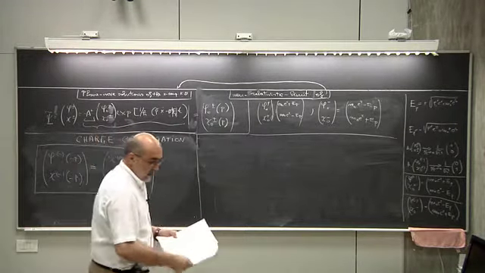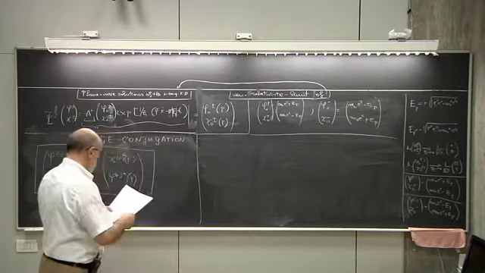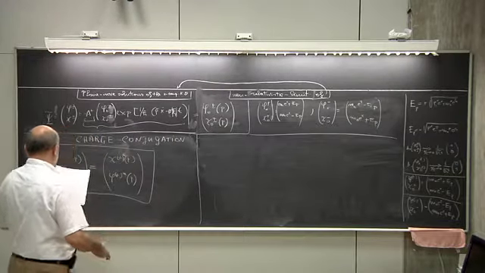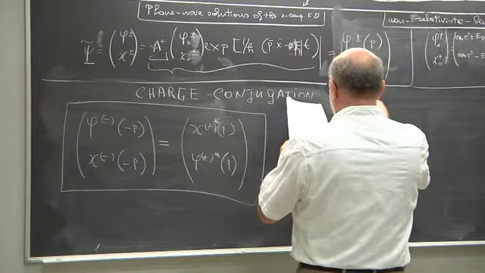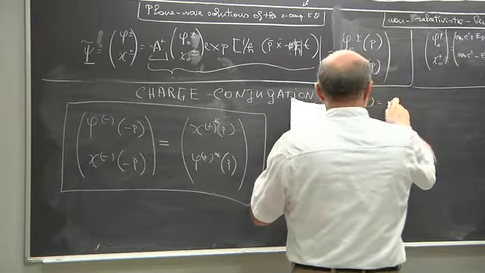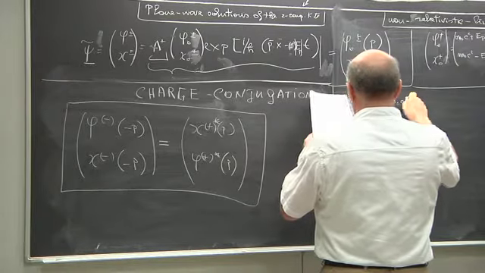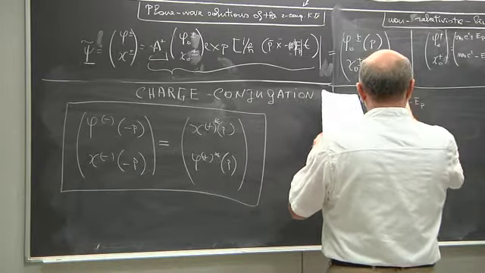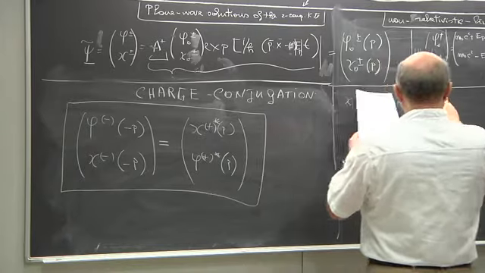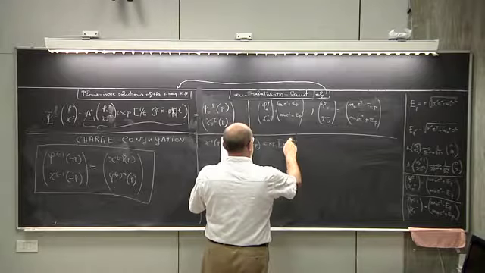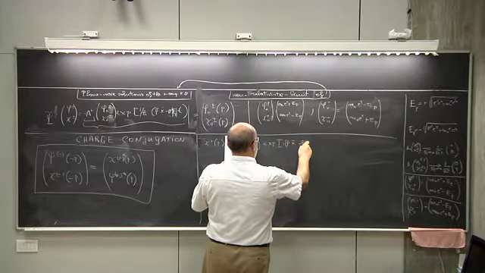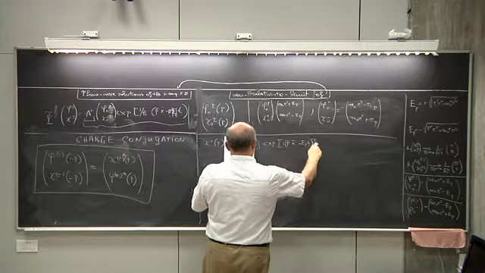Let me just do one case. For example, let's take chi plus p. This is equal to mc squared minus ep, and then I have the exponential i px minus ept.